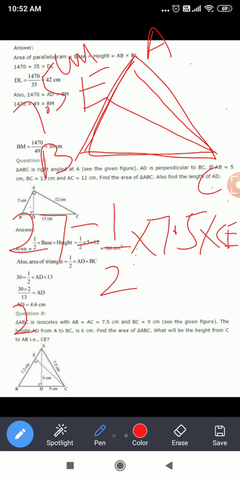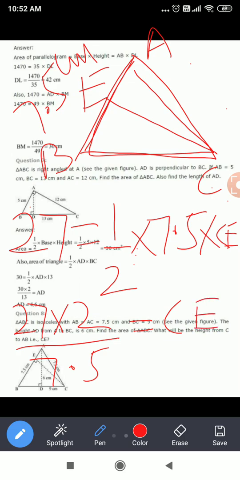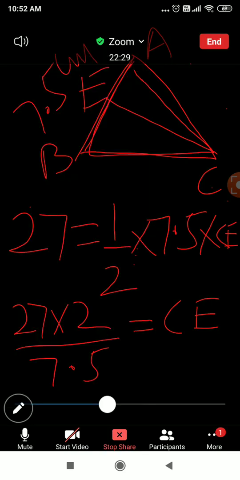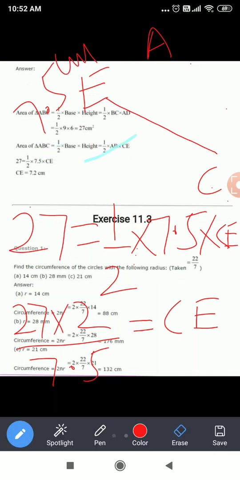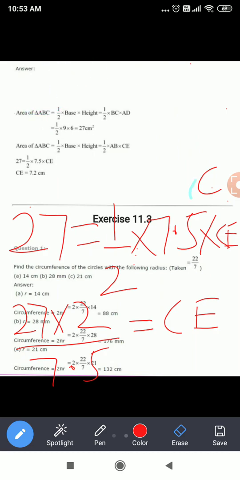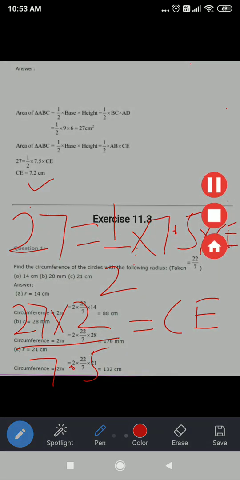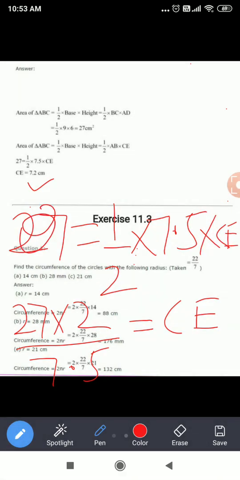The 2 will get multiplied and 7.5 will come in division. After solving it, we have got CE as 7.2 centimeters. So CE will be 7.2 centimeters in this case. Clear?